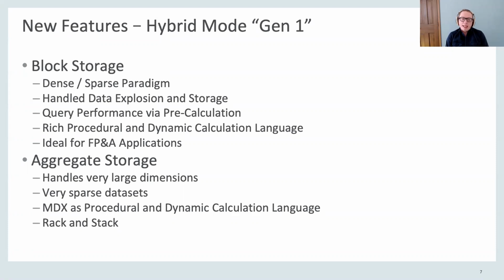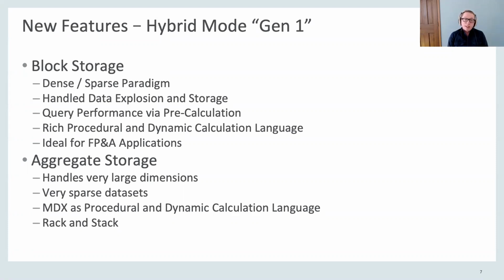And block storage was a really elegant solution to that problem that allowed you to address a multi-dimensional array like that, without having to store the whole thing, which would be enormous, and also without having to pre-calculate aggregations in the whole thing.